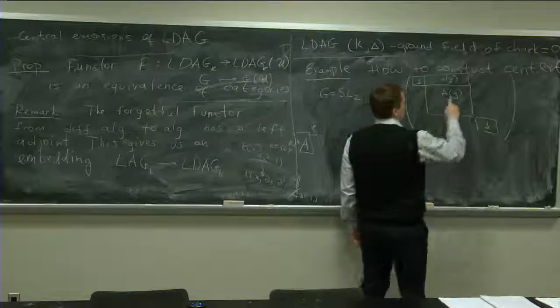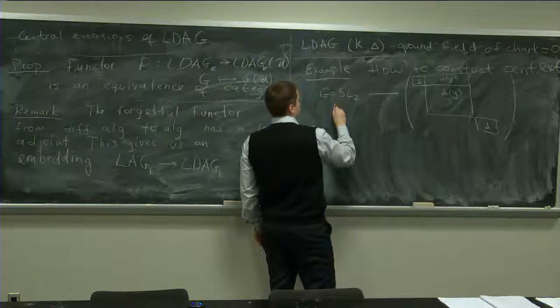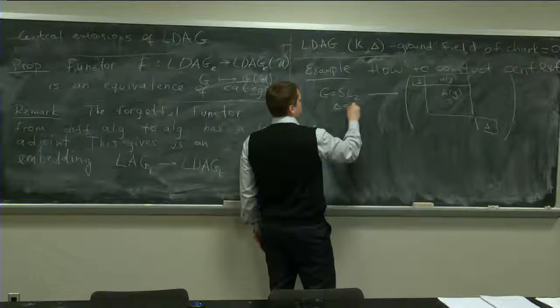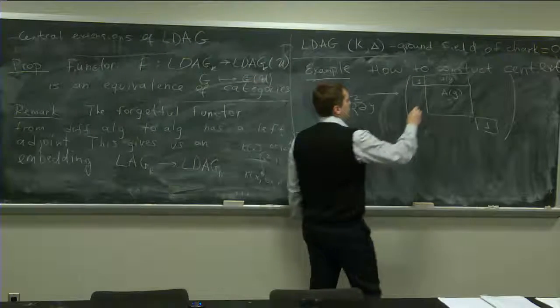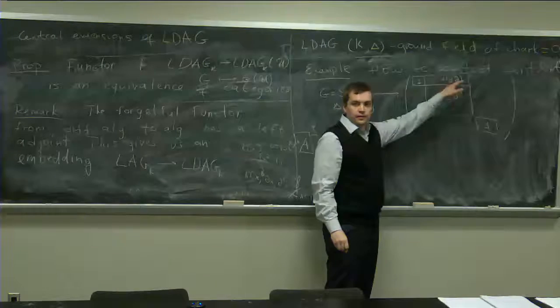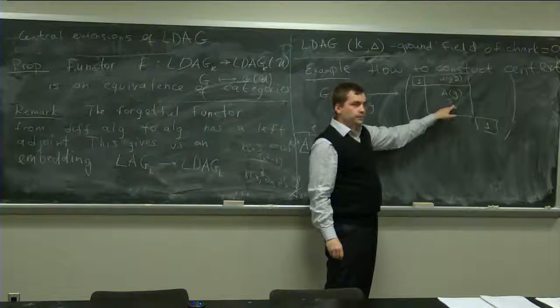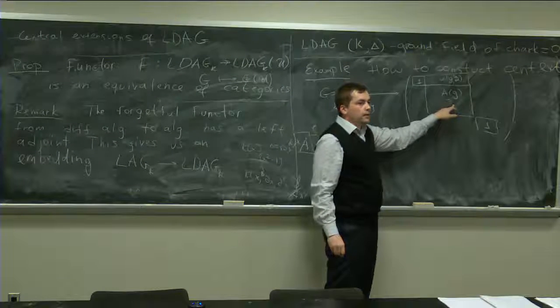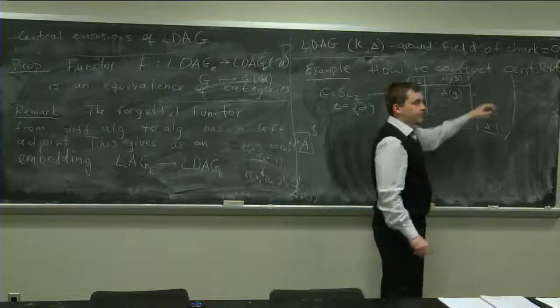So we consider the case where K is also a differential field, so delta is just delta. I just want to underline that this is a vector which is an actual differential polynomial, not just a polynomial. Maybe it's easier for the audience to see the actual example. What does A of G mean?